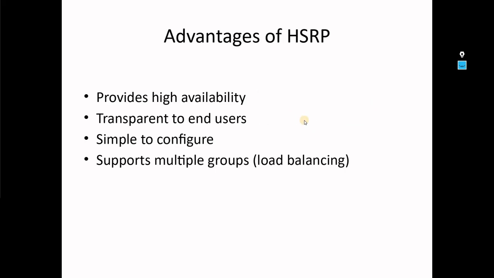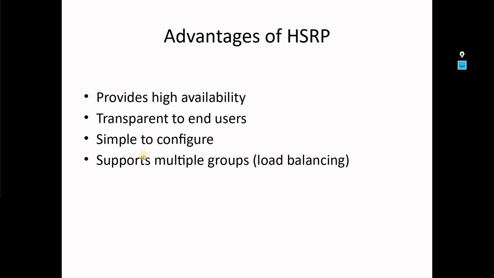Faster timer. Advantage: provides high availability, transparent to end users. As you have seen, I shut down one router, but still the packets are communicating. Packets are passed through the other path, the standby path, as the standby becomes the active router.